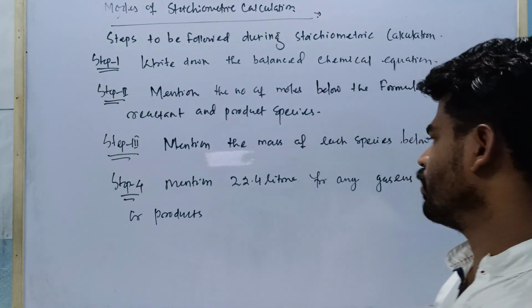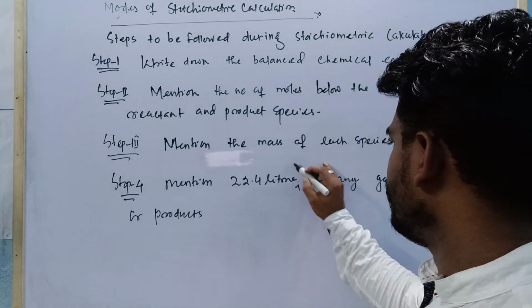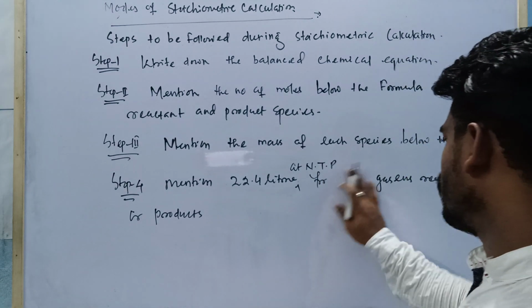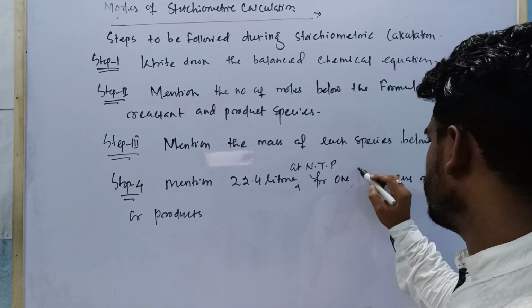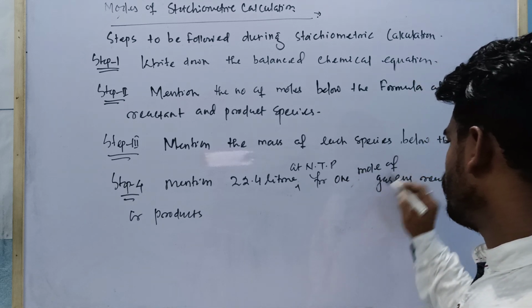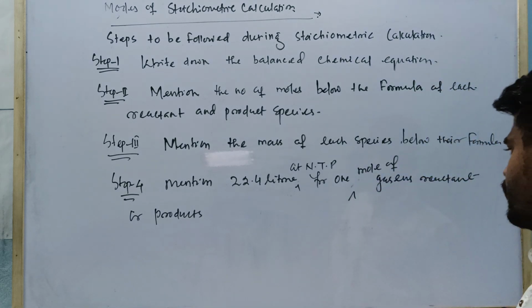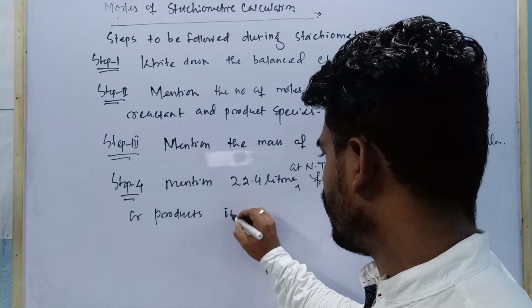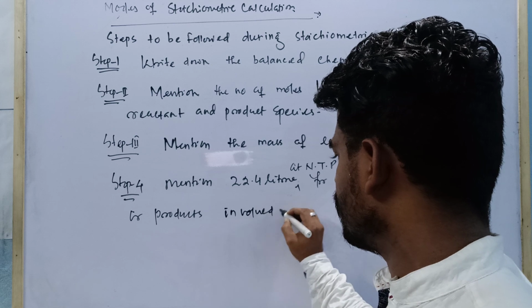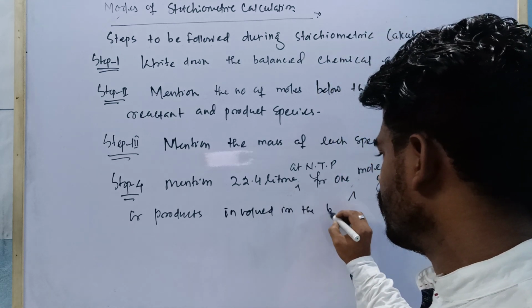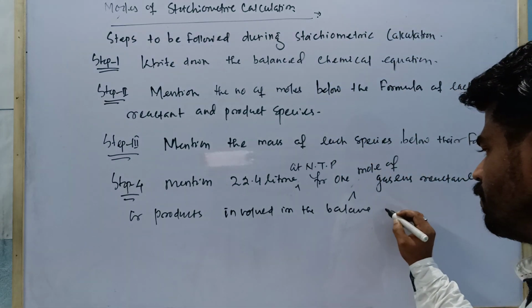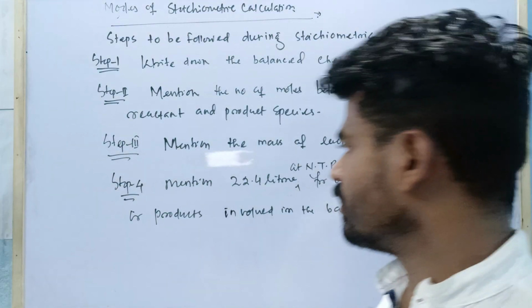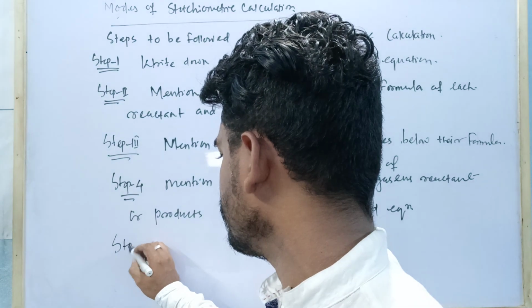Mention 22.4 liter at NTP for 1 mole of gaseous reactant or products involved in the balanced equation. Okay, and this is the last step.